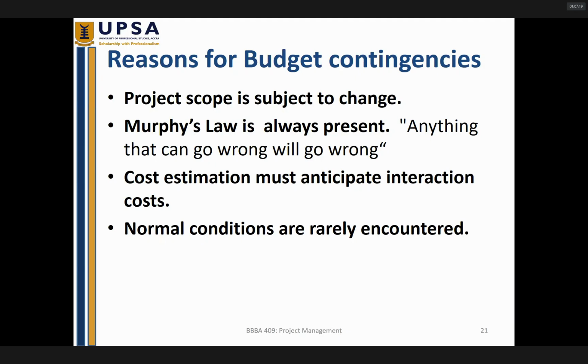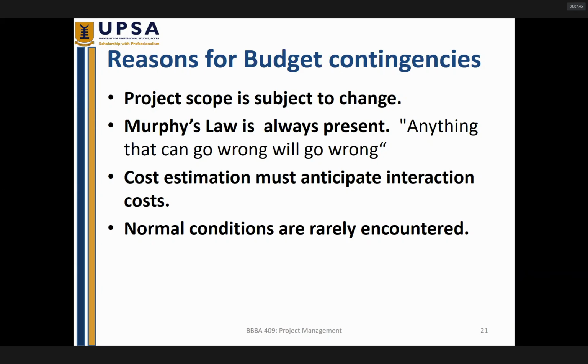Now, the other point is that budget contingency is relevant because of a law they call Murphy's Law. Murphy's Law always exists, and therefore, budget contingency is necessary.